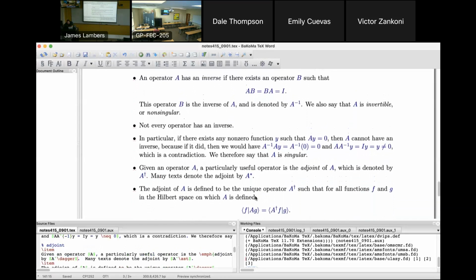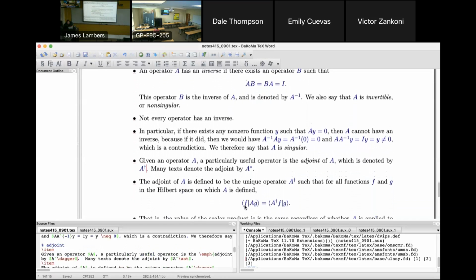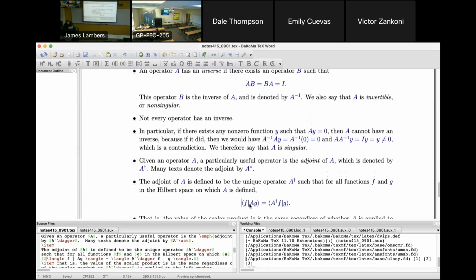So suppose I have a scalar product of a function f with a function g, where g is a function in a Hilbert space. We apply the operator A to it, and we get another function, noted Ag. Here, A is applied only to g, and then we take a scalar product with f.